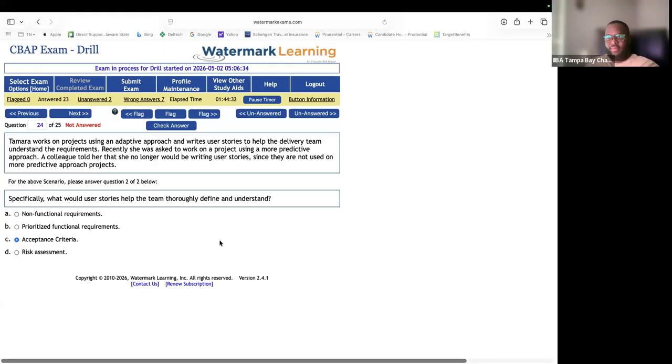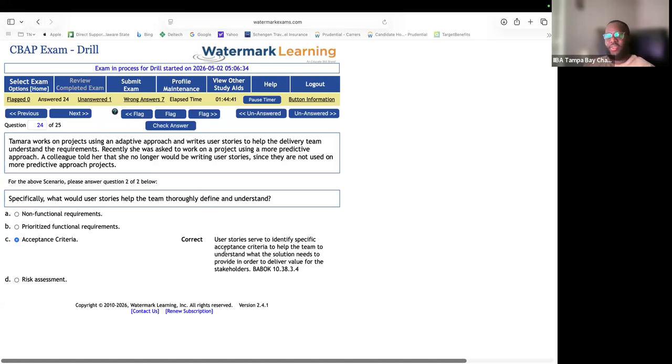Anyone else? Let's test C. And you're actually right. User stories serve to identify specific acceptance criteria to help the team understand what the solution needs to provide in order to deliver value for the stakeholders.